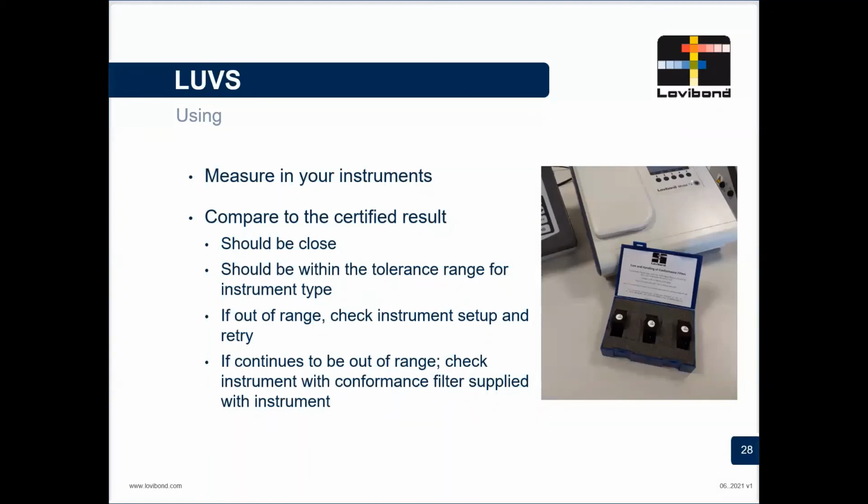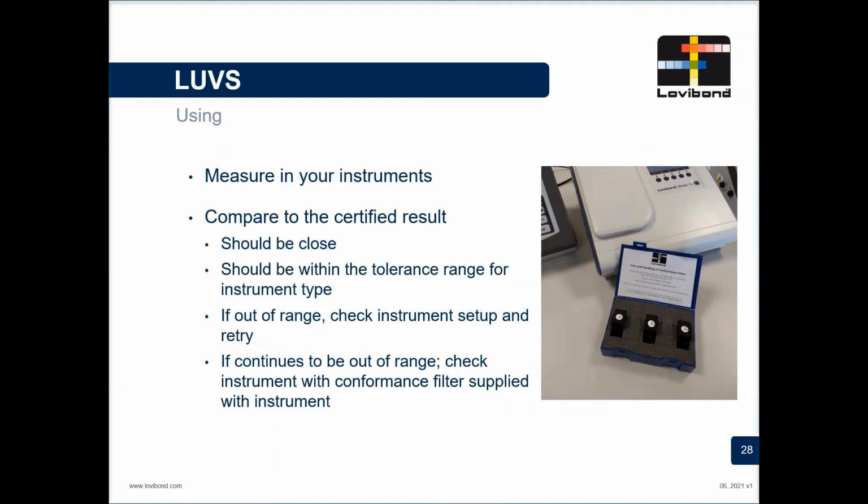If it continues to be out of range, then we may have some other problem. If we're seeing the same effect, everything's out of range, say on all 3 of these LUVS filters, then we might want to go back to the conformance filter that came with the instrument, recheck that, measure that, because hopefully we're measuring that on a daily basis or at regular intervals.